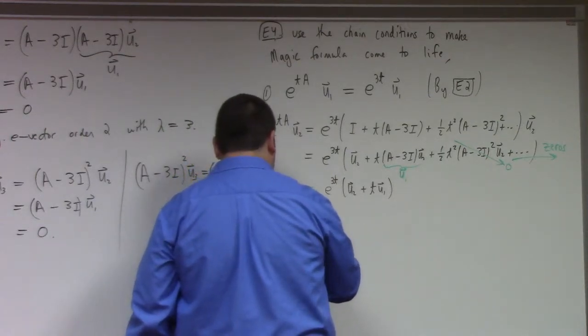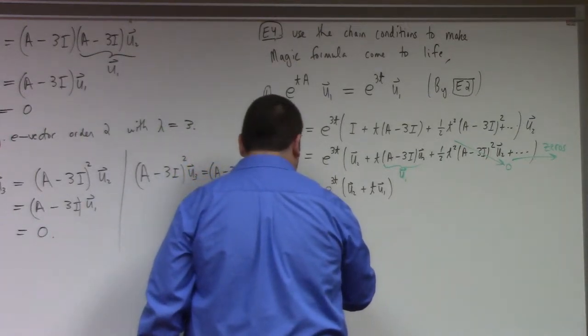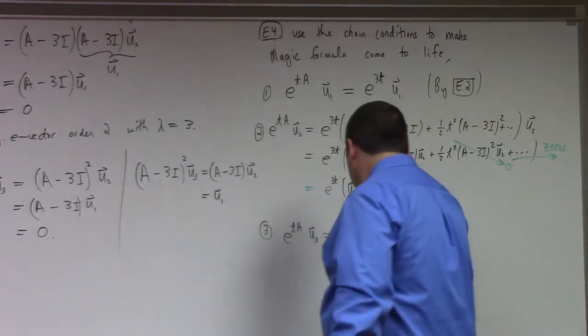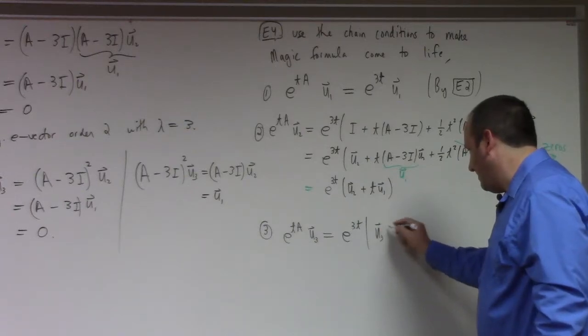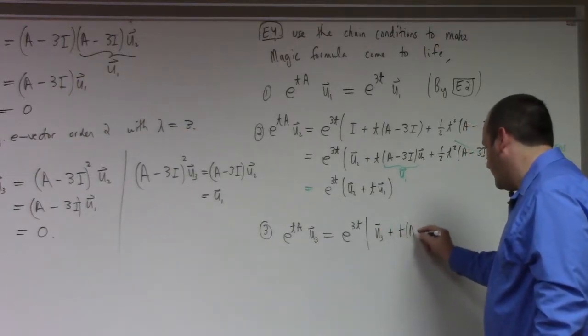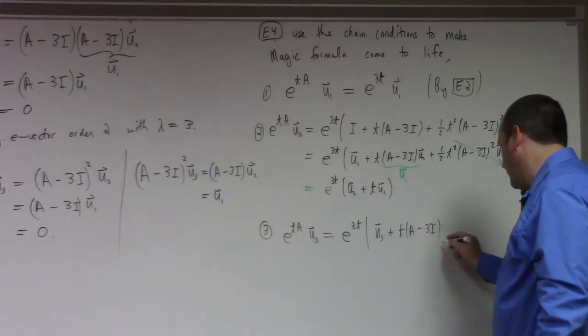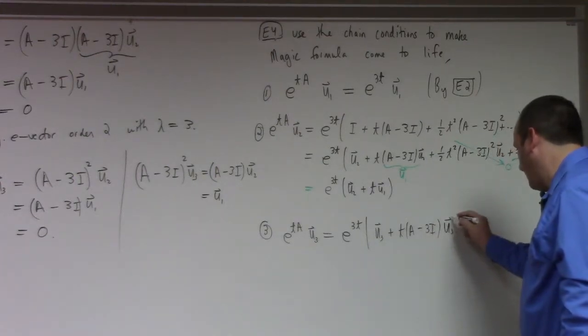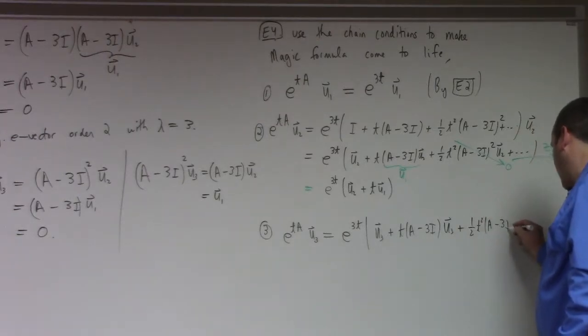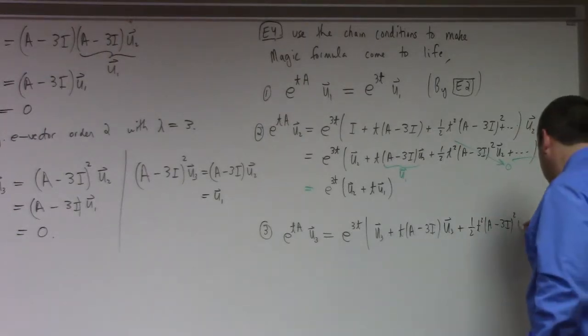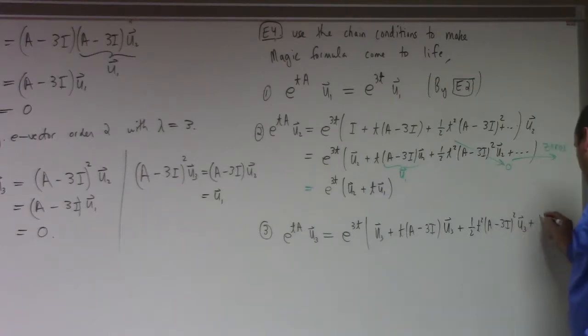What happens when we hit e^(tA) times u3? We have e^(3t) times [u3 + t (A - 3I) u3 + 1/2 t^2 (A - 3I)^2 u3 + 1/3! t^3 (A - 3I)^3 u3, and so on].